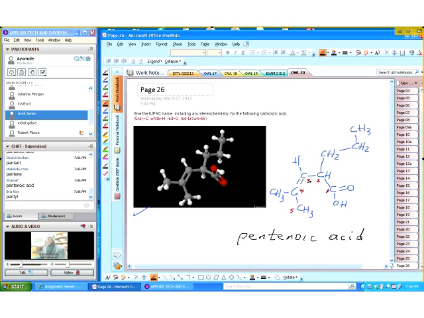Now, where is the position of the double bond? Okay, 3. So we have to say 3-pentanoic. About all of the other substituents, we need to complete this name. What other substituents do we have here?